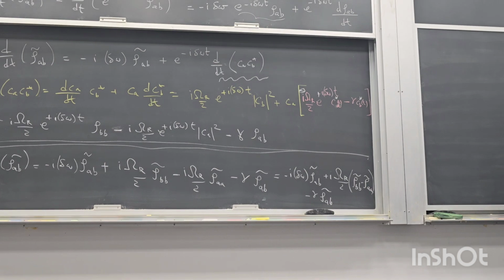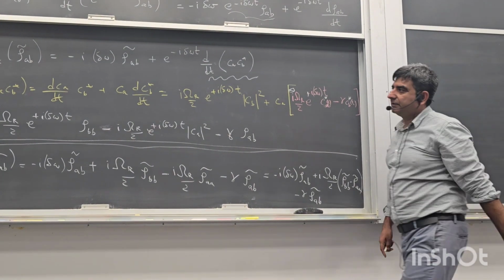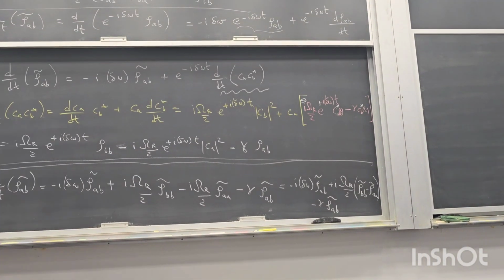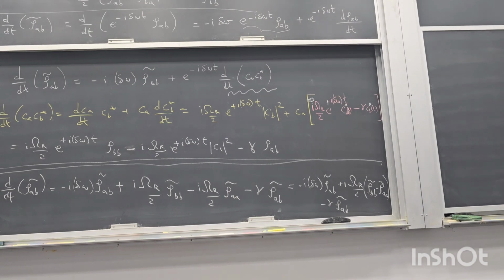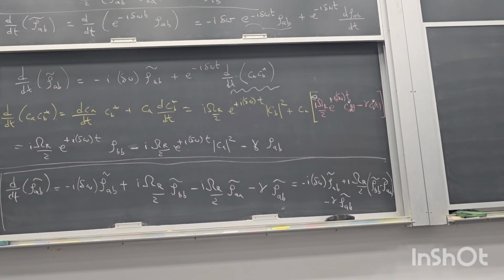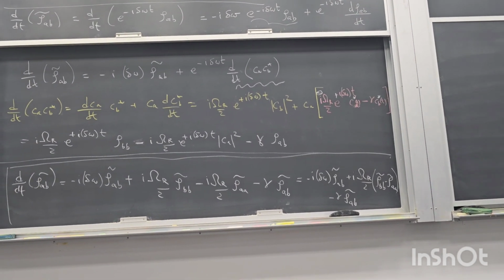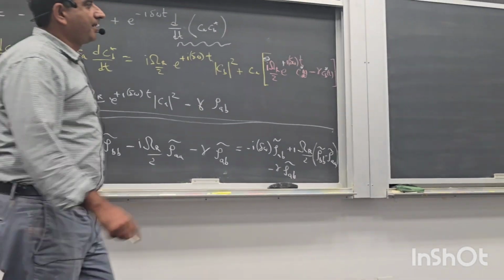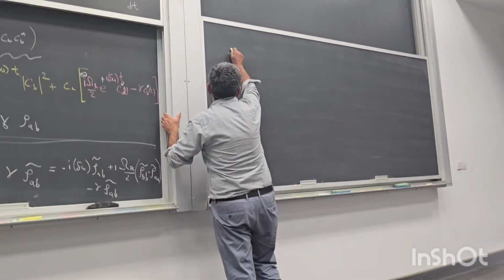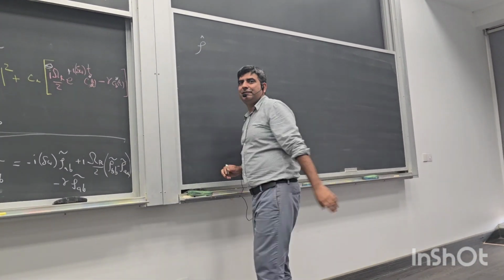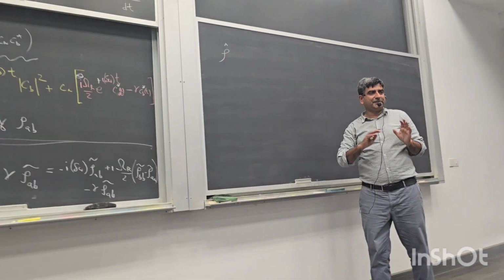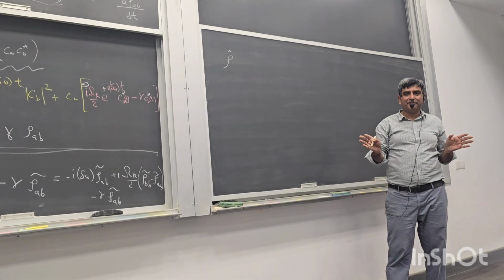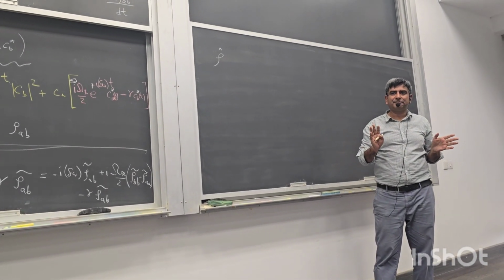If you do recall, any density operator for a two-level quantum system can be written as a sum of Pauli operators with real coefficients.